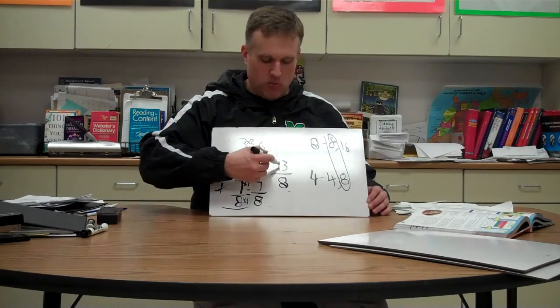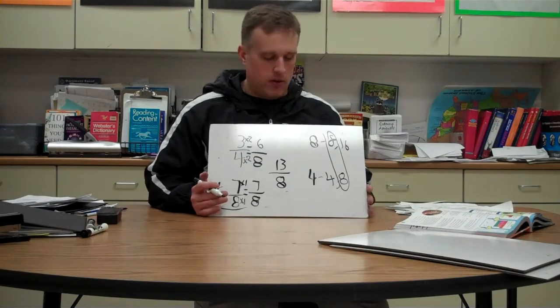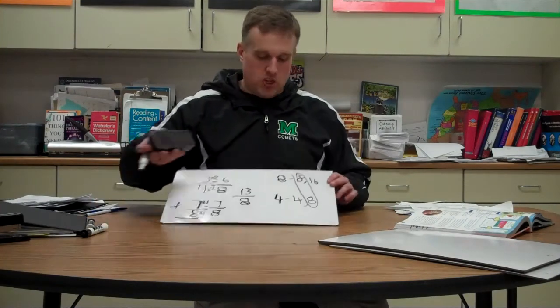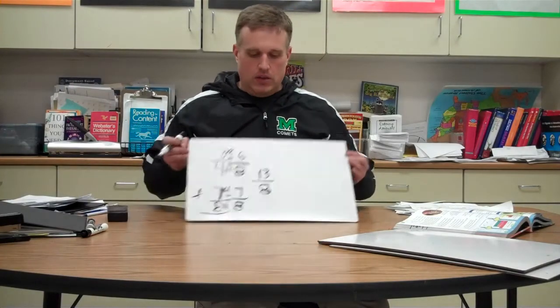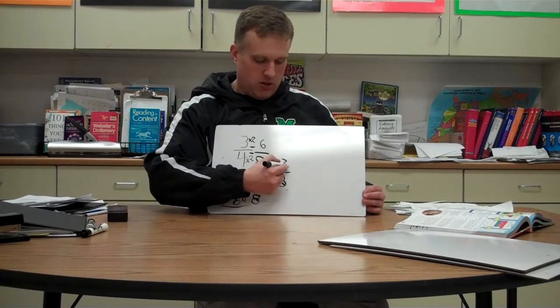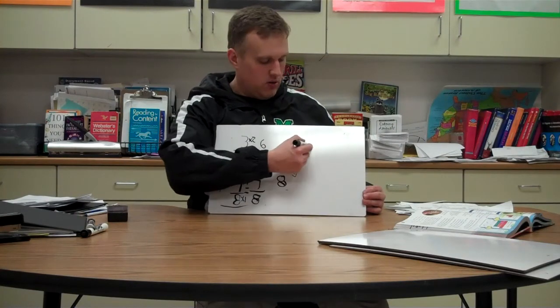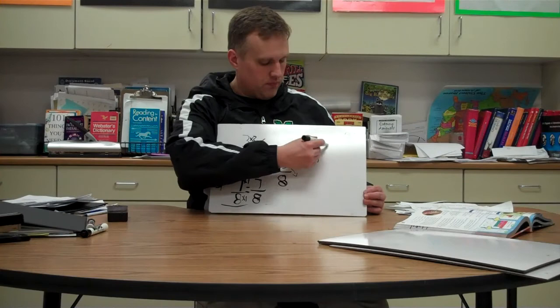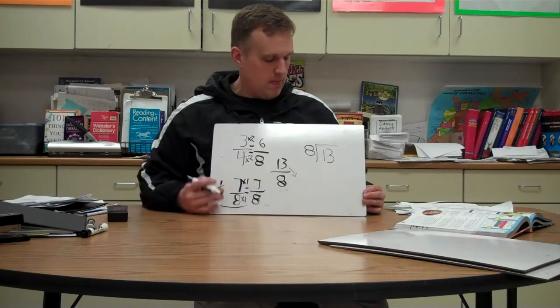So again, we are left with an improper fraction. Again, meaning that my numerator is larger than my denominator. So in that case, we are going to change it into a mixed number. Okay, and to do that, remember, if we imagine, the 13 kind of just falls over here. So now my division problem looks like this.